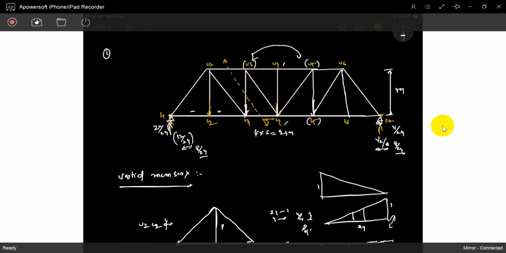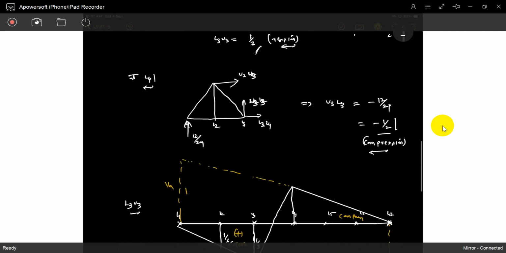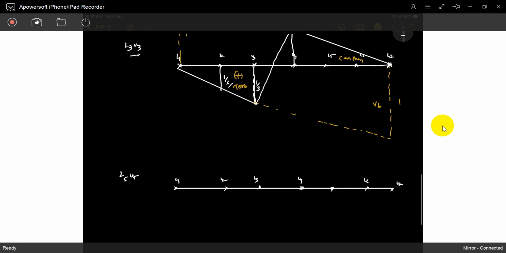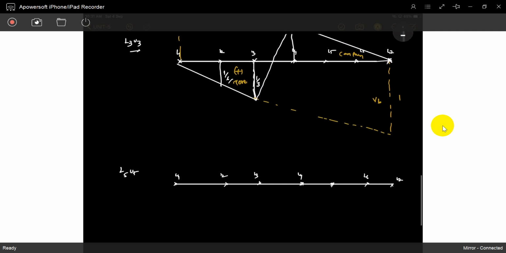For U3 L3 it is exactly L3 to L4, so for U5 L5 it is L5 to L4. The change is between L5 and L4. So maintain it, L4 L5; the change is between these two values.